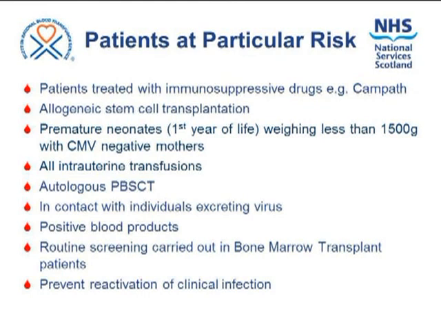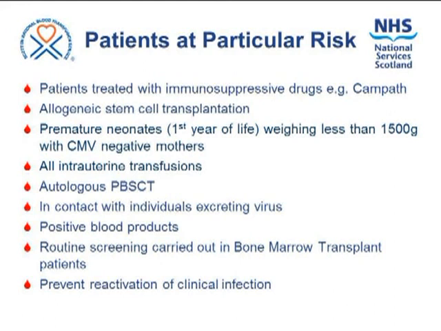Patients at particular risk of CMV are patients treated with immunosuppressive drugs, for example Campath, allogeneic stem cell transplantations and bone marrow transplant patients, premature neonates in the first year of their life, weighing less than 1,500 grams with CMV negative mothers, all intrauterine transfusions, all patients undergoing autologous peripheral blood stem cell transplants.